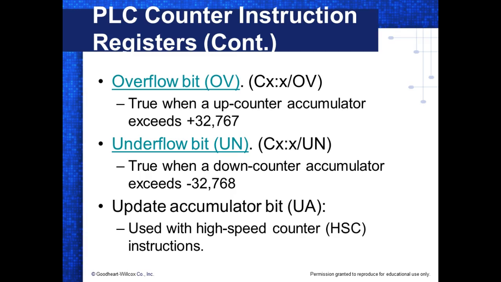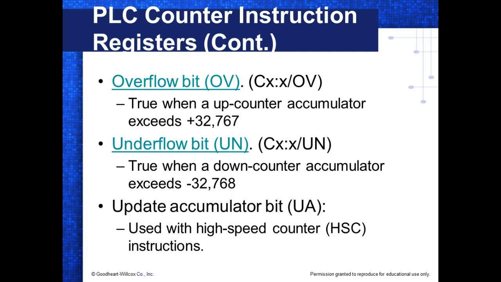So how do we indicate a signed number? Well, the most significant bit becomes the sign bit. If that bit is set, if it's a 1, the PLC assumes it's negative. If it's a 0, it assumes it's positive.